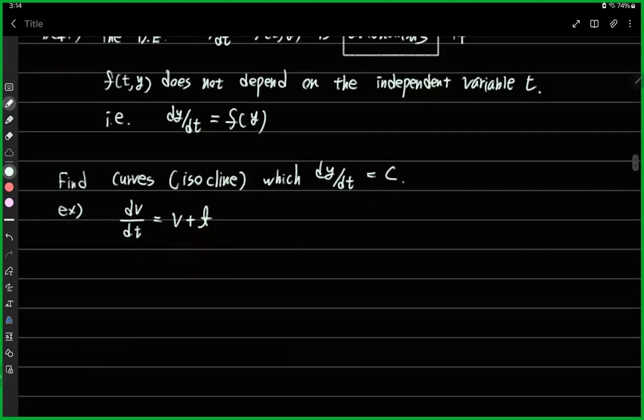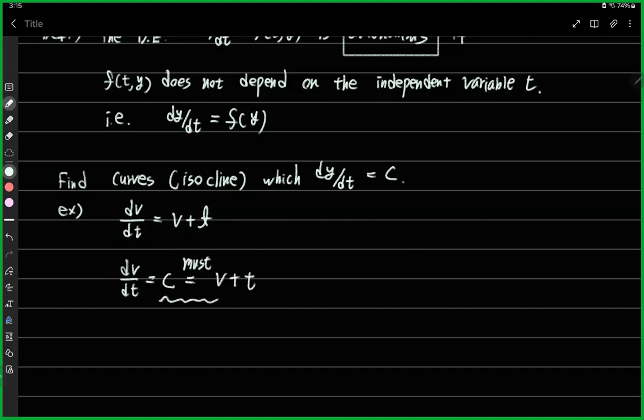Then we want to find v and t such that dv/dt is c. We're going to find the curve such that dv/dt equals c, but c must be equal to what? It must be equal to v plus t, isn't it?